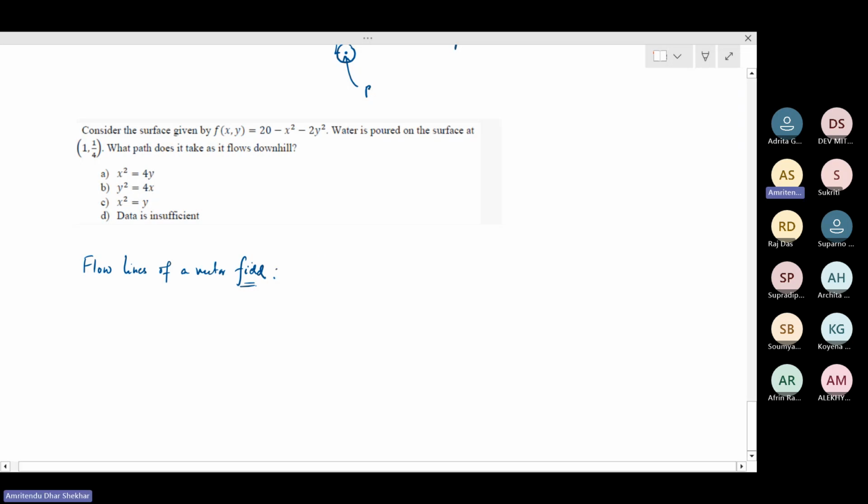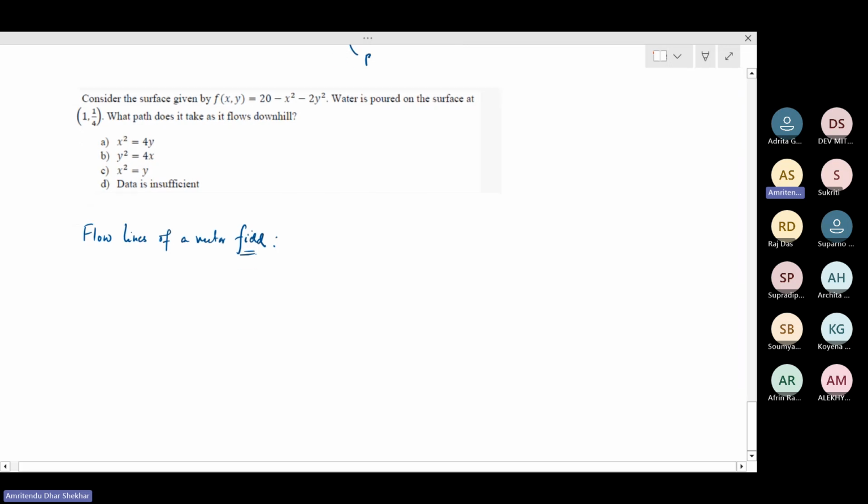When you hear the term vector field, the way you should picture it is that at each point you have a vector. Think of a domain like this, and you have at each point some vector. It's not necessary that the vectors always point in the same direction or are the same.